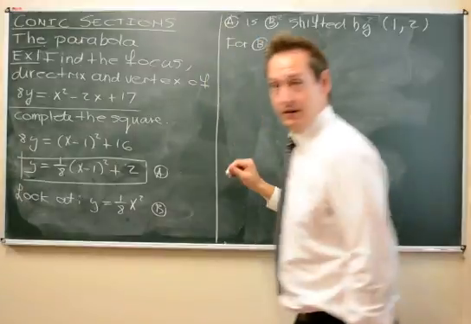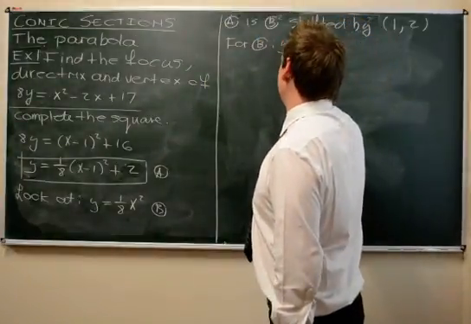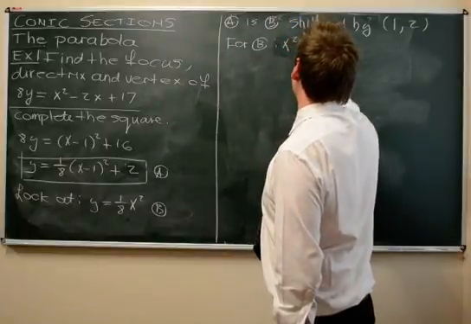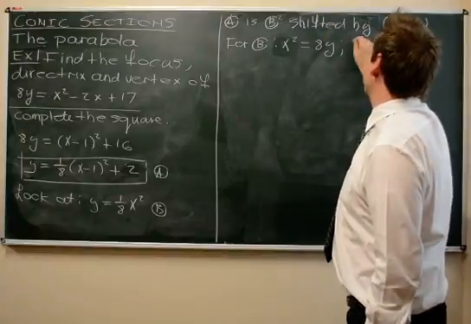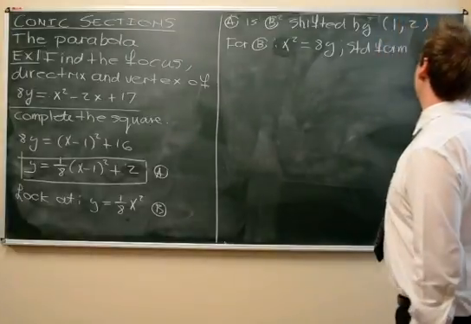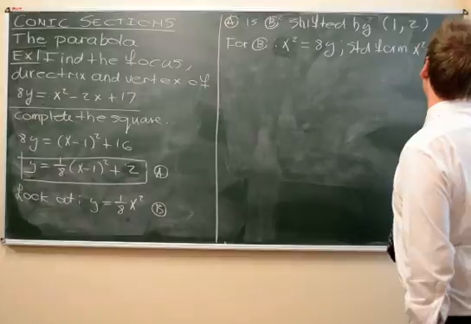Now for B, what's the standard form of this parabola? You can write this as x squared is 8y, and the standard form, remember, is x squared is 4py.